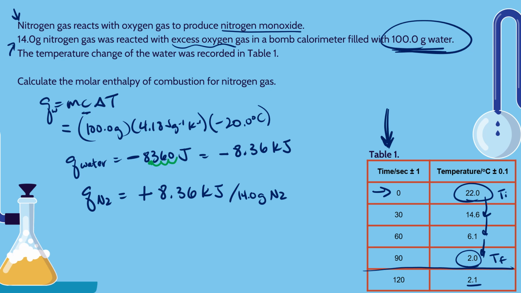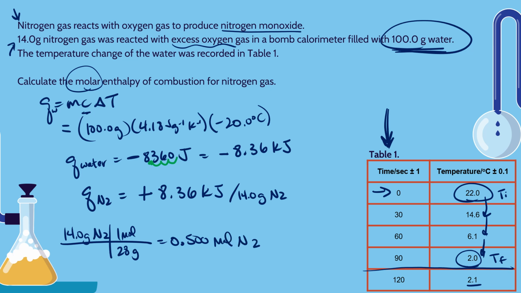But of course, I don't want to do this in grams. I want to do it in moles. So let's take our 14 grams of nitrogen gas. We know that nitrogen gas is 14 times 2. That's 28 grams per mole. We had half a mole of nitrogen gas.